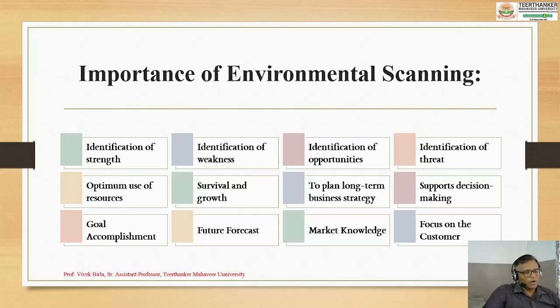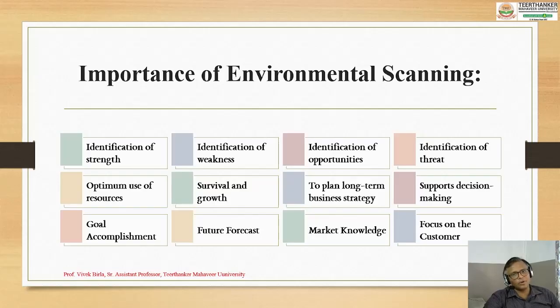What are those things on which the organization should focus? Their core competencies are studied by taking up environmental scanning. Second is the identification of weaknesses, which represents the steps through which your own analysis is done.